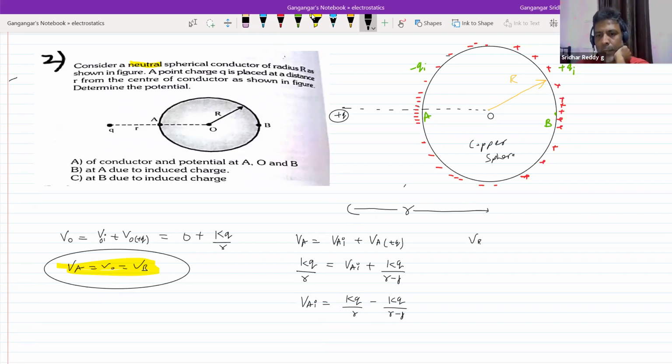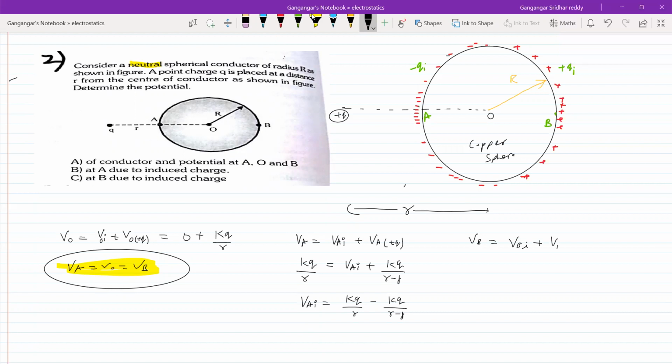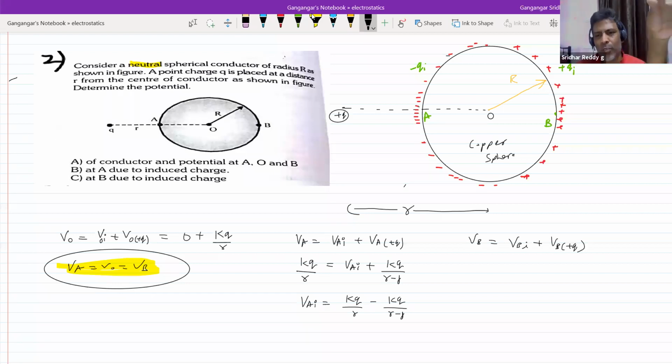Similarly, potential at B due to induced charge. The method is the same. VB equals VBI plus the point charge part. The first 3 problems are very important. You can manage most of the numericals. I'm making things clear. Potential at B is equal to potential at O, the net potential. So this is kQ by D. Due to induced charge, we don't know because we don't know the charge distribution.